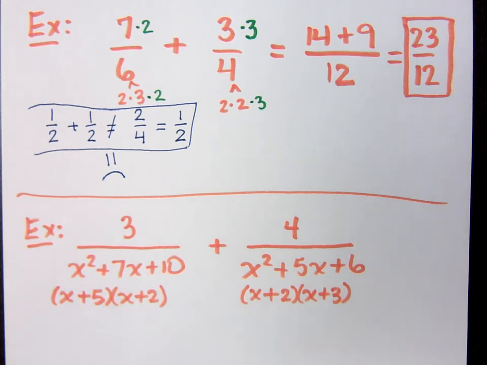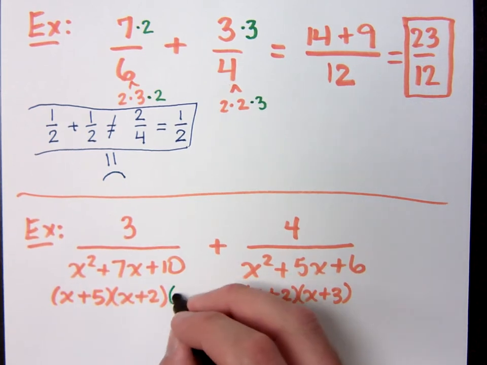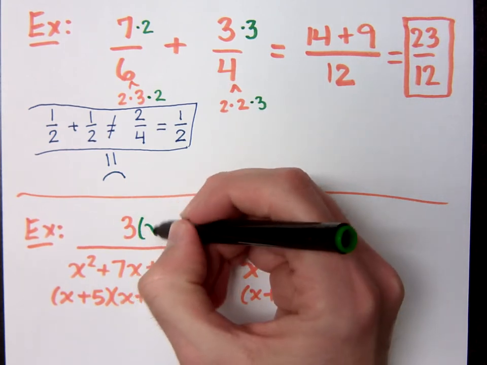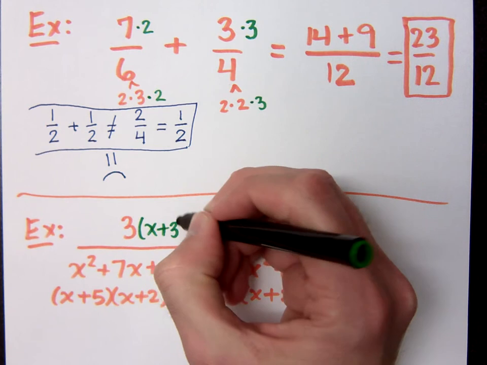Now I'm going to ask you the same question that I asked you above. What factor is missing from here that he sees in the other denominator? x plus 3. He doesn't have an x plus 3, does he? But I have to put that in the numerator as well, otherwise I've changed the problem.